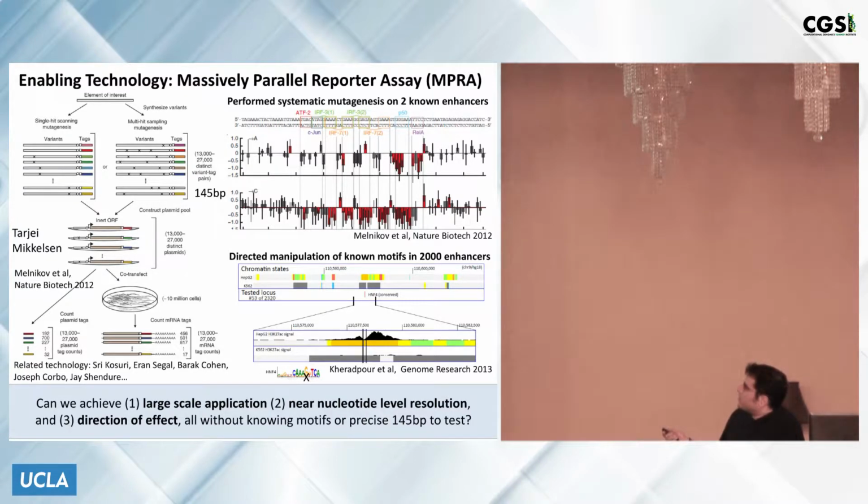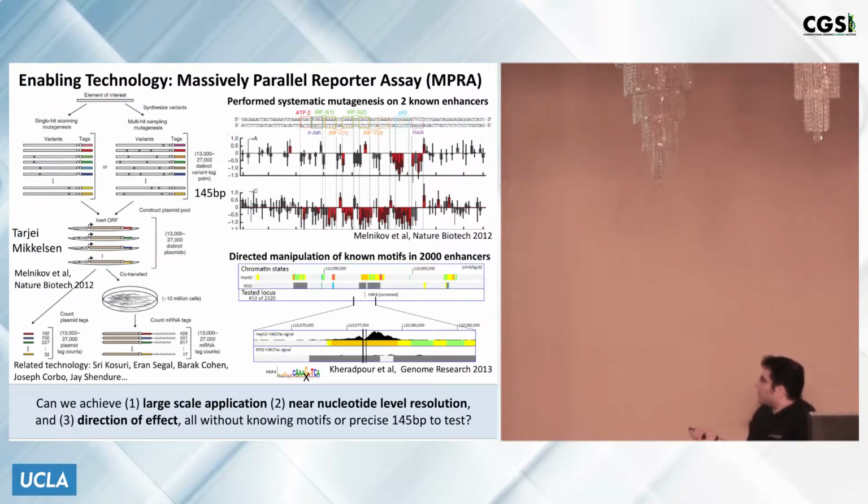But because they were devoting so many different barcodes to testing each variant in each possible way, they were limited to only testing 2 enhancers. By this mutagenesis, they were able to identify activating and repressive nucleotides, but there's an overall limitation on the number of sequences you can reasonably synthesize and transfect. They could only test a couple of enhancers.